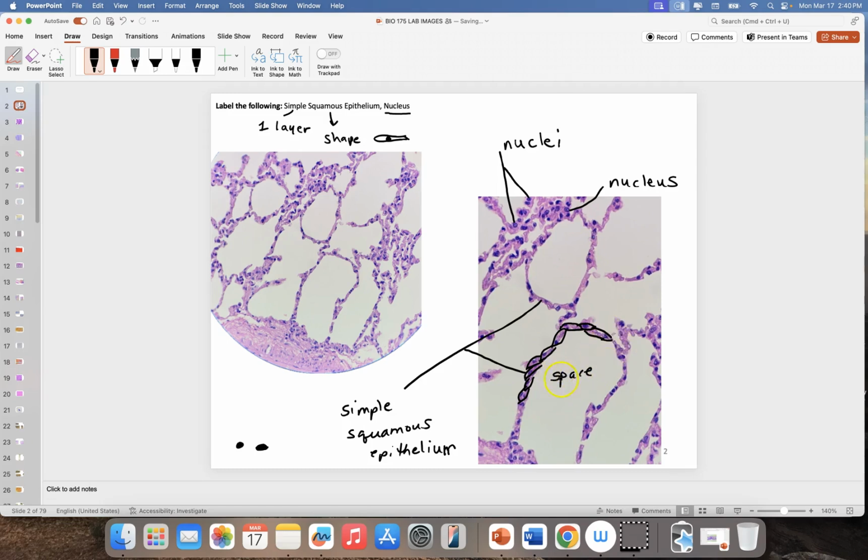There's a space inside for air. This would be the space or the free surface. And again, the epithelium is always going to face that space or free surface. And there's simple squamous epithelium.